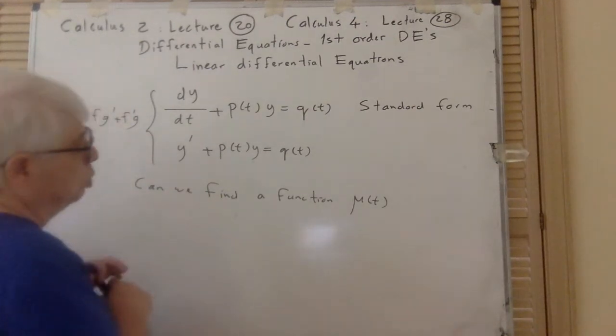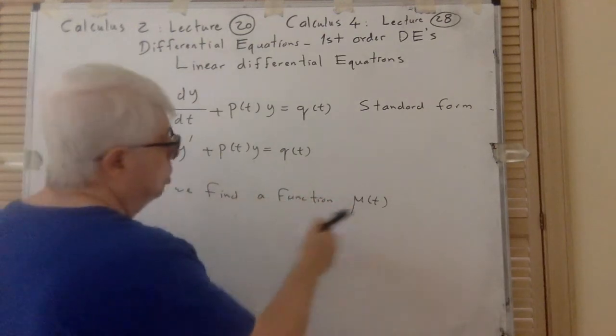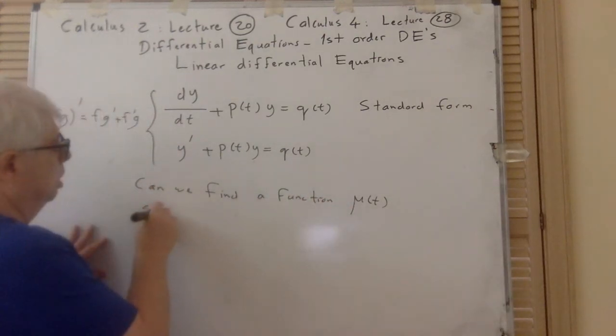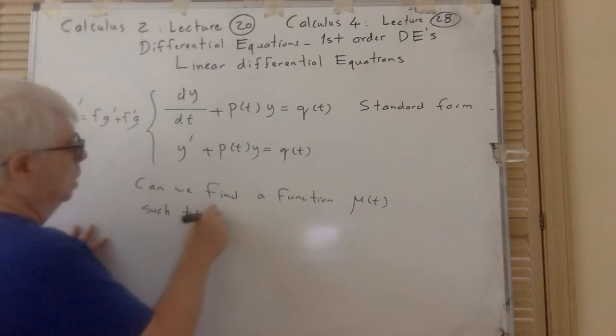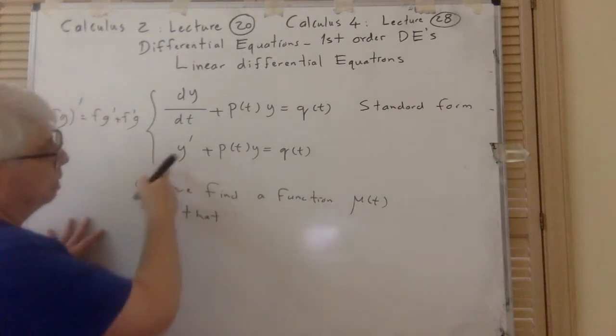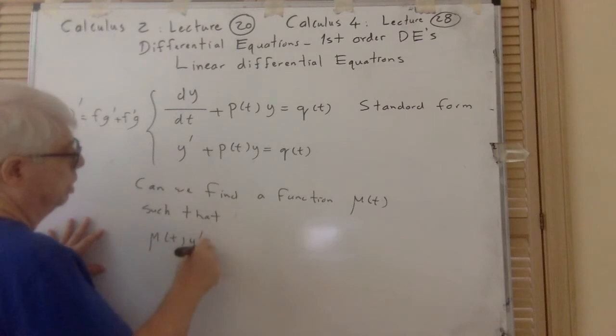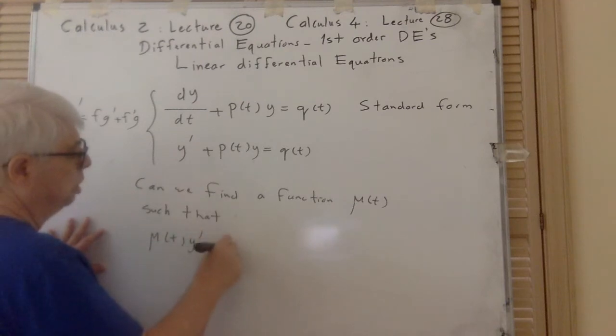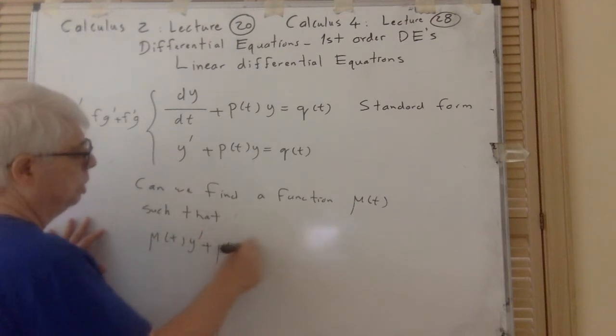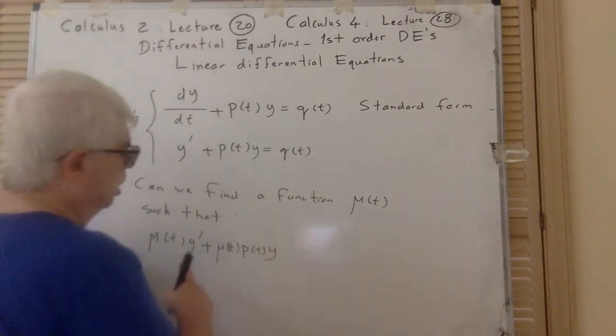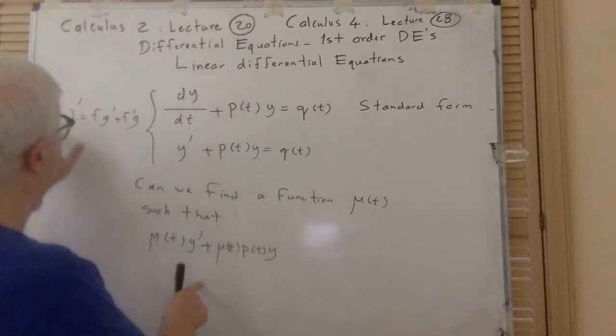So I ask this question: can you find a function mu(t) such that when I multiply mu(t) by this side, mu(t) y prime plus mu(t) p(t) y, then this becomes a total differential like this?